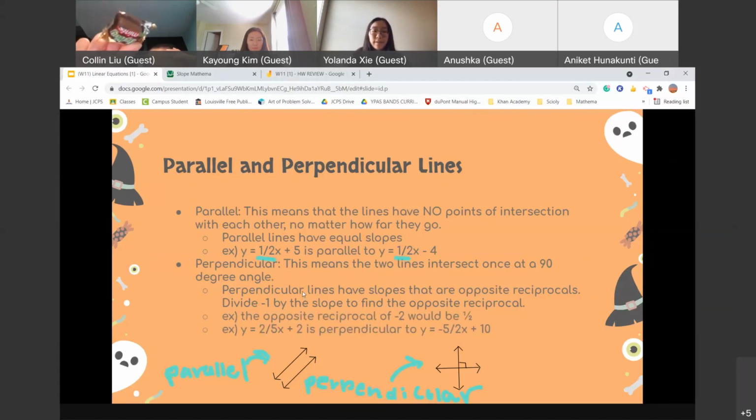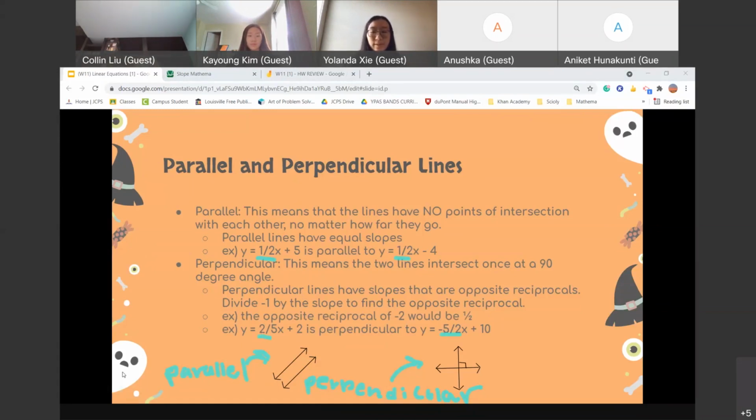And another way to think of this is just divide negative 1 by the slope to find the opposite reciprocal. Okay, so for an example, the line y equals 2/5 x plus 2 is perpendicular to the line y equals negative 5/2 x plus 10, because 2/5 and negative 5/2 are opposite reciprocals.